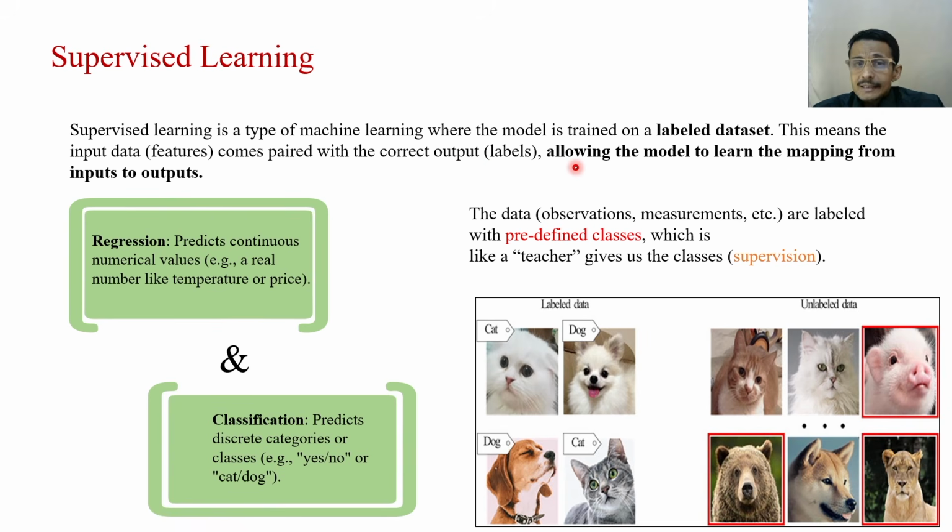So what is the actual goal or agenda of supervised learning? There is paired data. One is the data instance, here an image, and there is some label. So this is a mapping from instance to label. Supervised learning allows the model to learn the mapping from input to output.